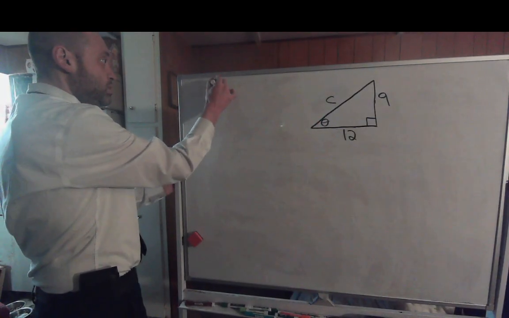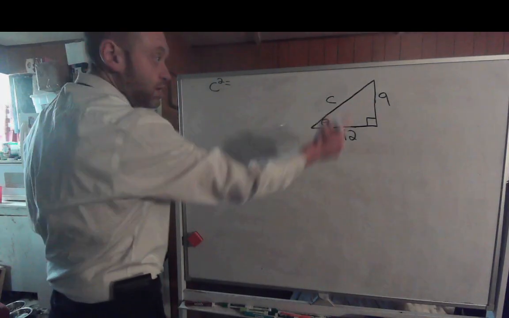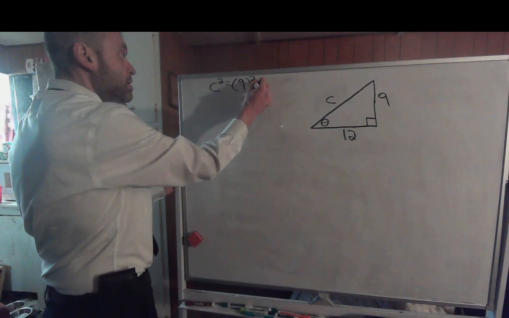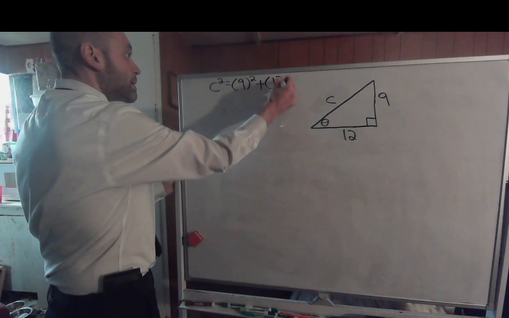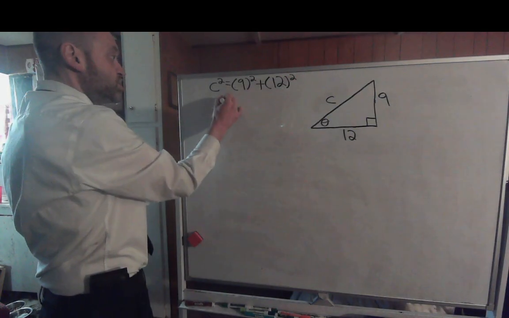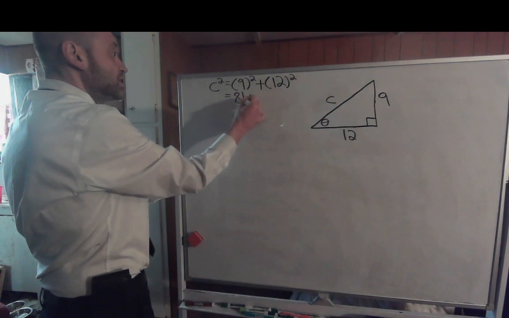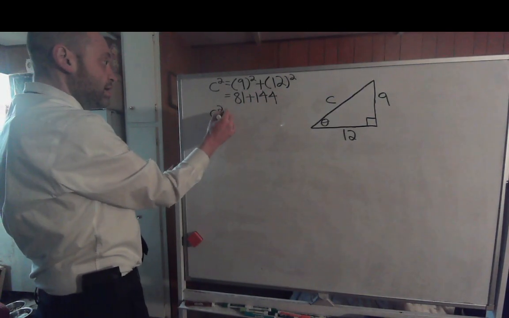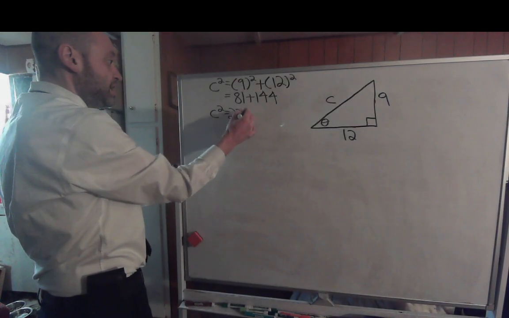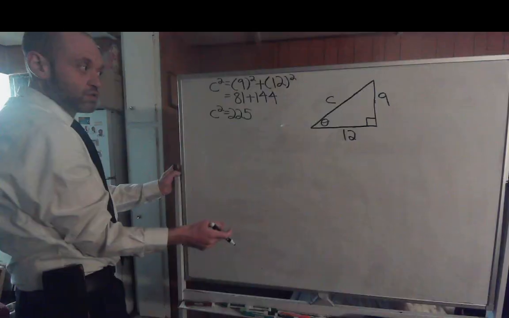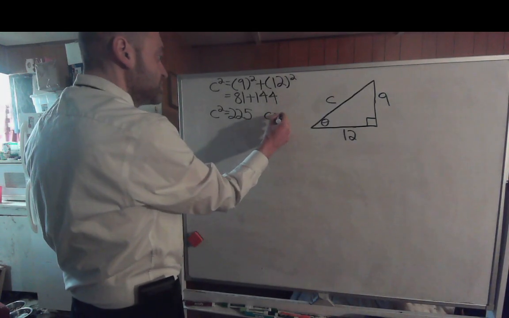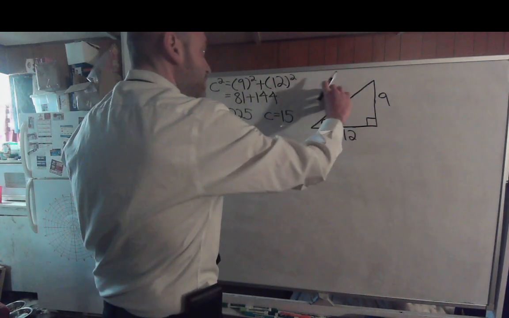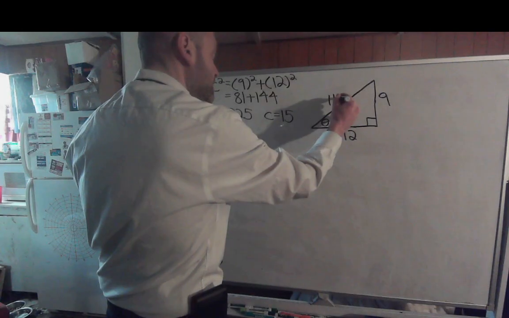So C squared, that's A squared plus B squared, so that would turn into 9 squared plus 12 squared, which would equal 81 plus 144, which means C squared equals 225. Well, the square root of 225 is 15. So C is going to equal 15.